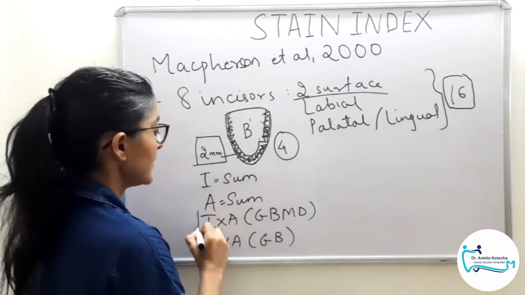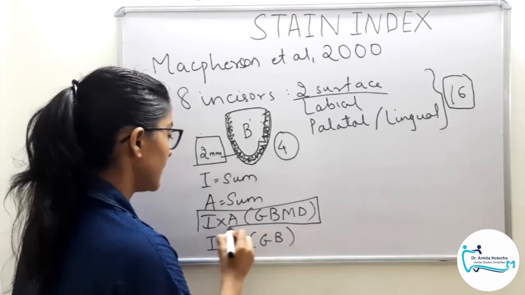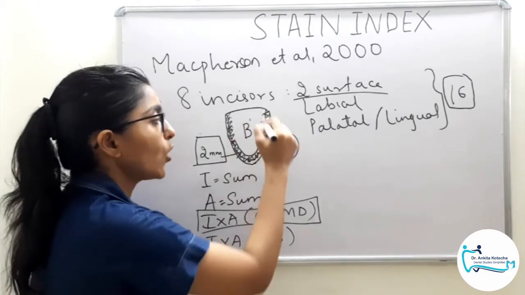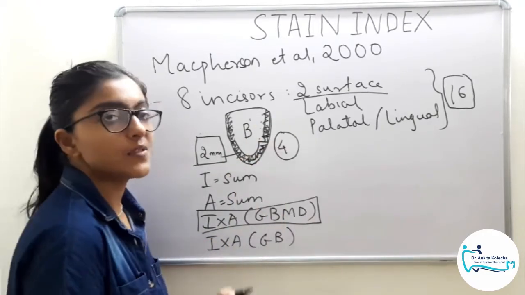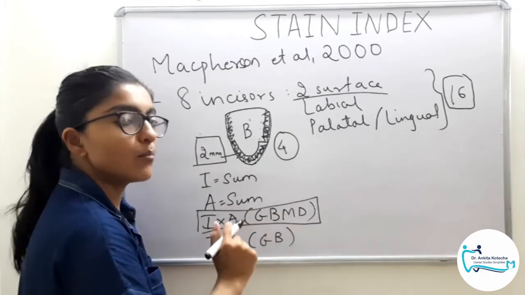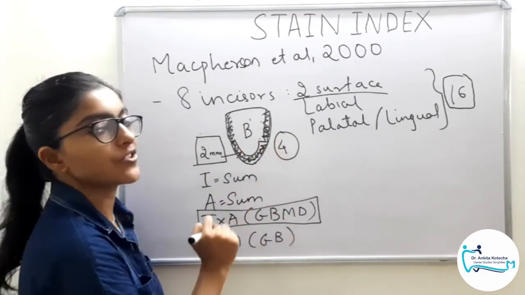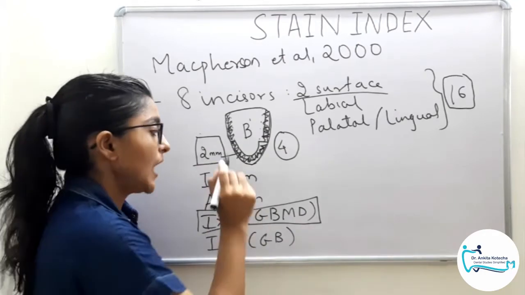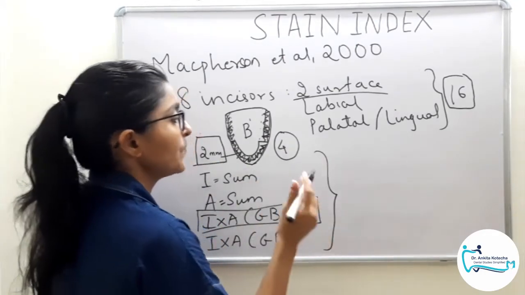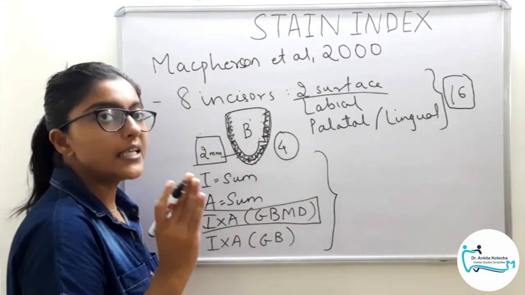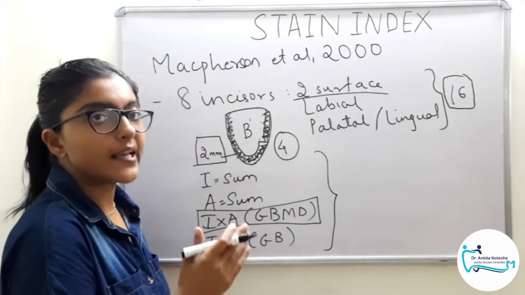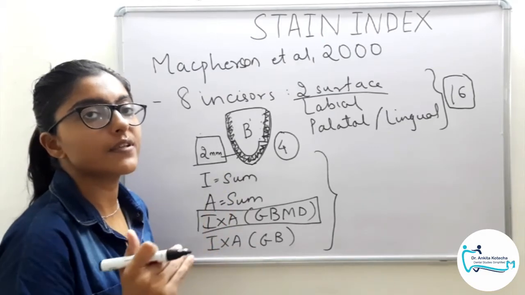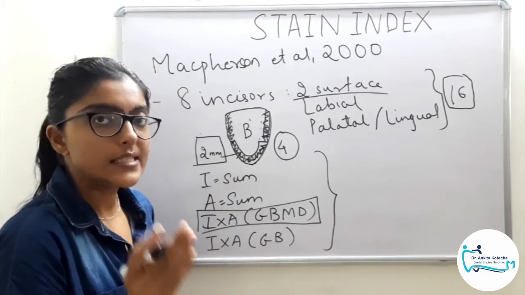Now this is the difference here. This entity, product of intensity and area for all the 4 regions, is the difference between both the indices. This is the modification owing to the modification in the number of regions demarcated on a surface. Another modification is, in the conventional index we had 16 regions, that is 8 teeth, 8 surfaces, and each surface had 2 regions, so total 16 regions.